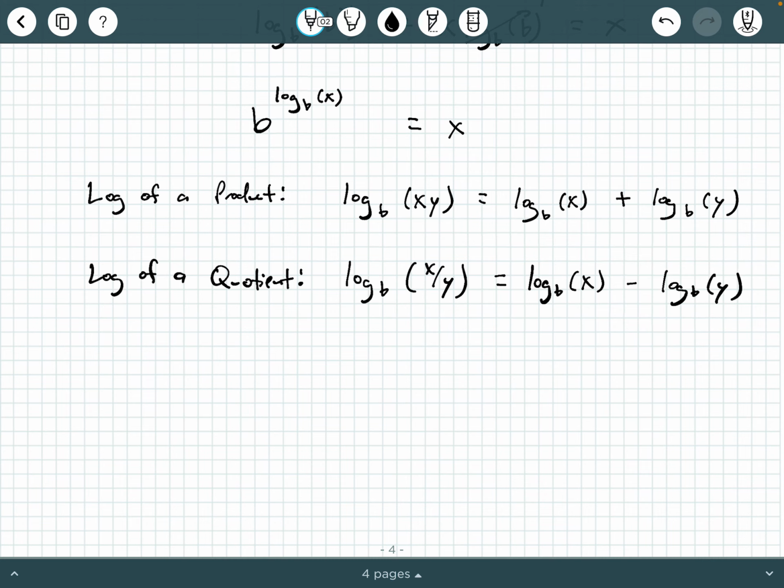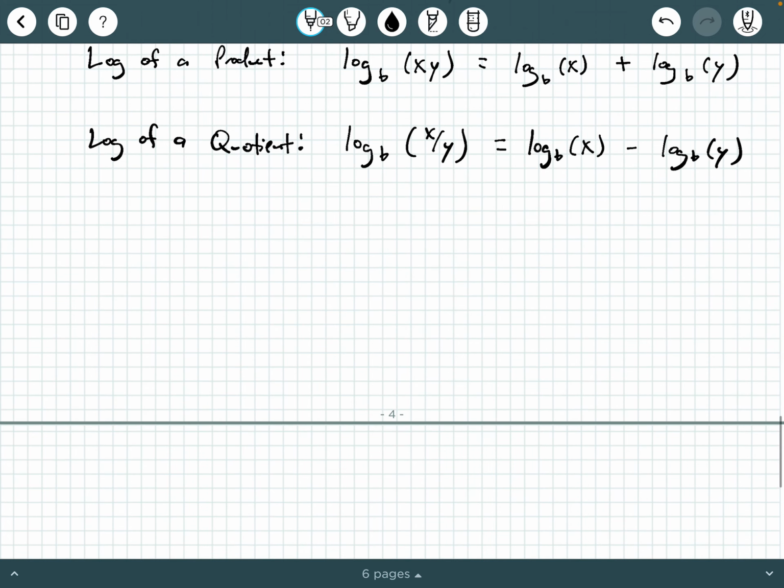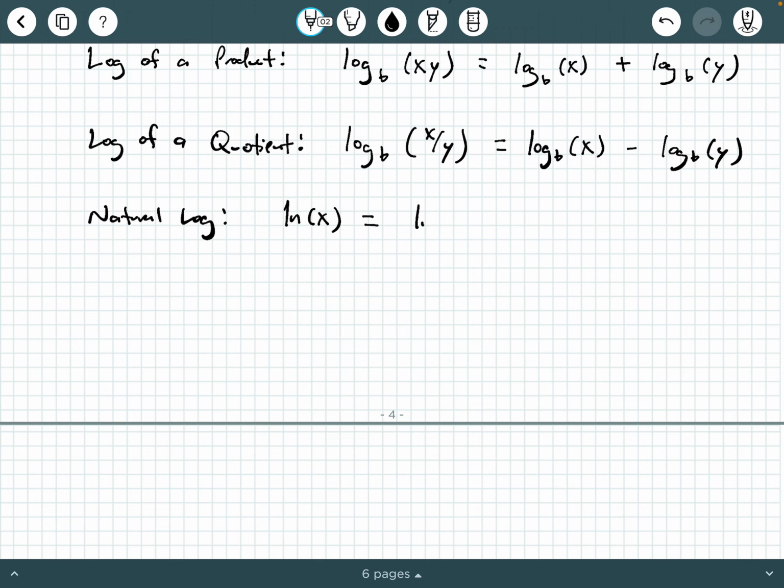We also have what's called a natural logarithm. Natural log, okay? So we call this ln of x. Now, what is ln of x? ln of x is log base e of x.